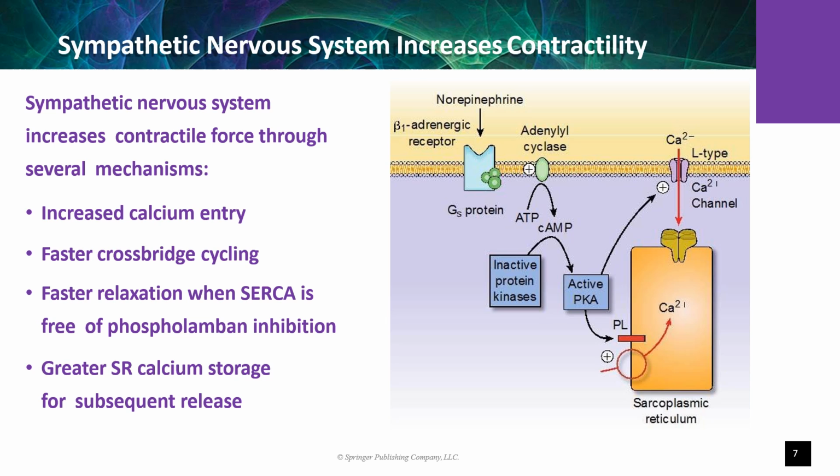As a result, when the heart rates are relatively slow, the rate of ventricular relaxation, also known as lusitropy, is moderate. This is altered when the heart is stimulated by increased sympathetic nervous system activity.